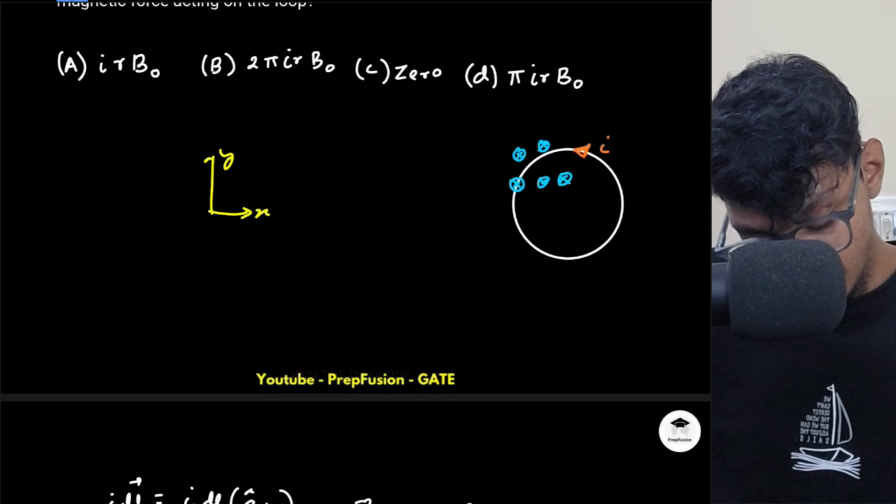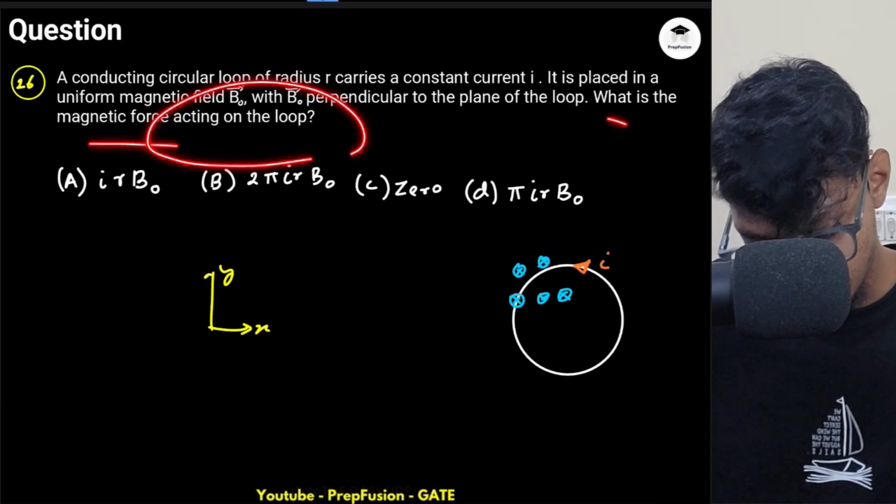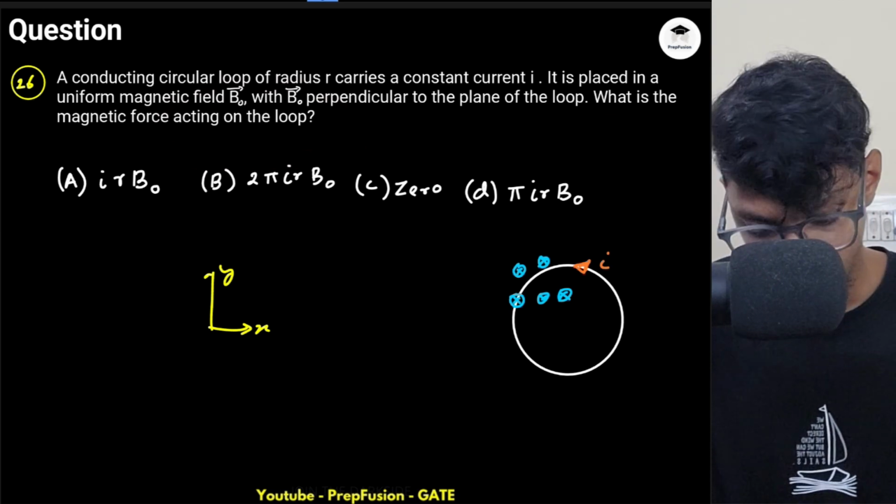Now they're asking me what is the magnetic force acting on the loop. So how do I compute that?